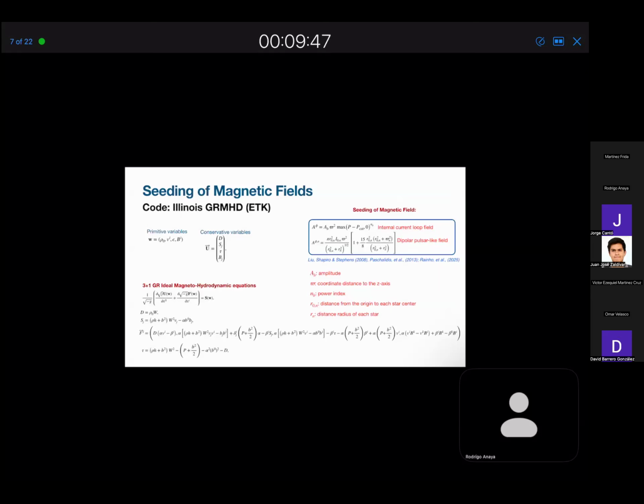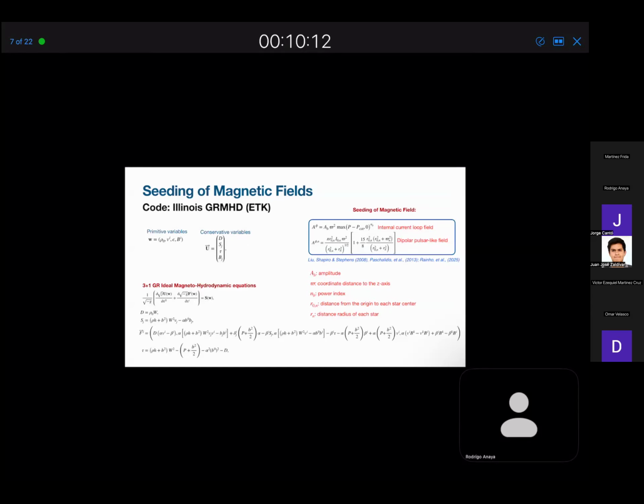Okay. Well, as you may remember from my title, I target magnetic fields and their input in neutron star evolution. For this, I am going to use, again within the Einstein Toolkit, a code called Illinois GRMHD, developed by the people at the University of Illinois at Urbana-Champaign.